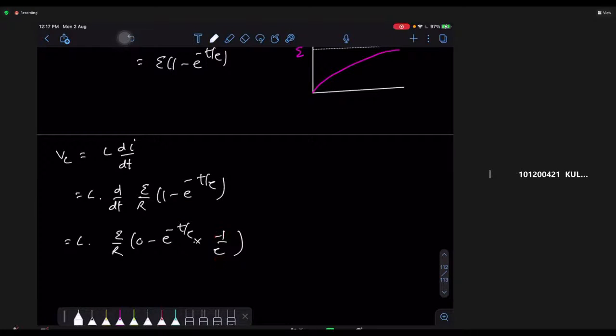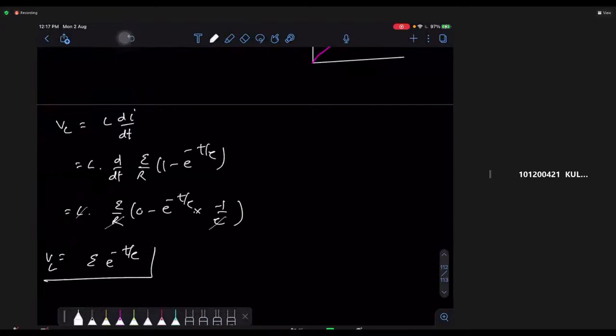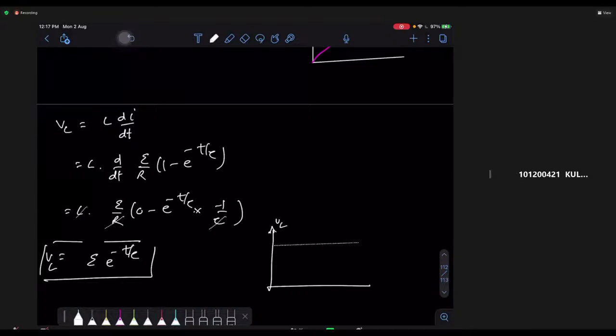Tau value is L by R, so this tau is cancelling here as L by R. So the potential across the inductor is falling exponentially. This exponential factor is 1 in the beginning, and then it goes to 0 at the end. If we plot the potential across the inductor, it has the reverse behavior to the resistance. It is falling exponentially toward 0.